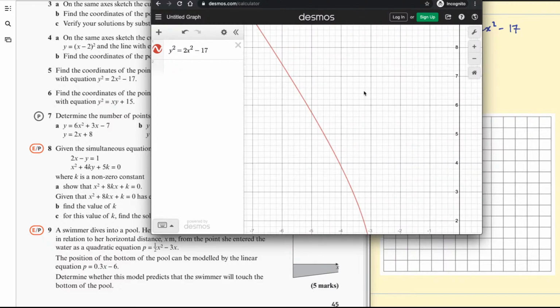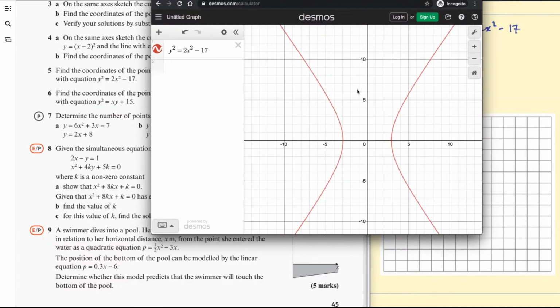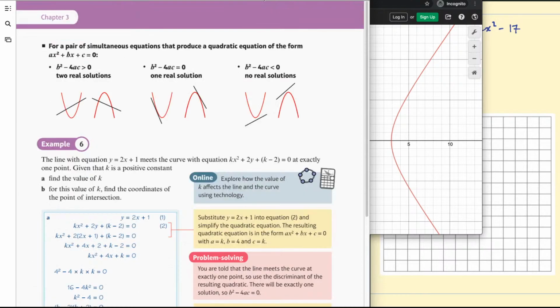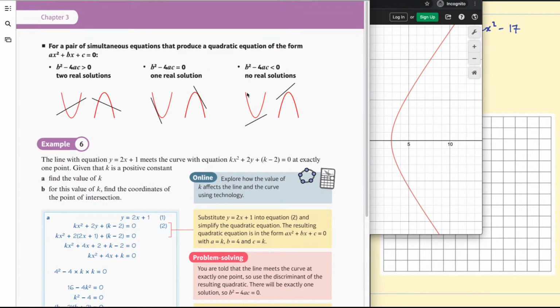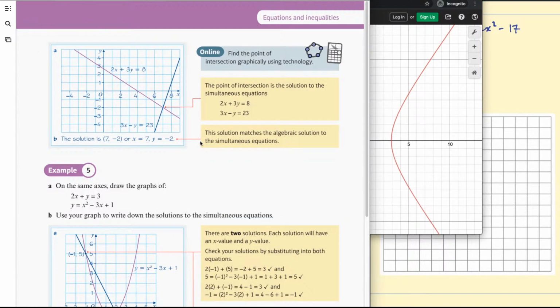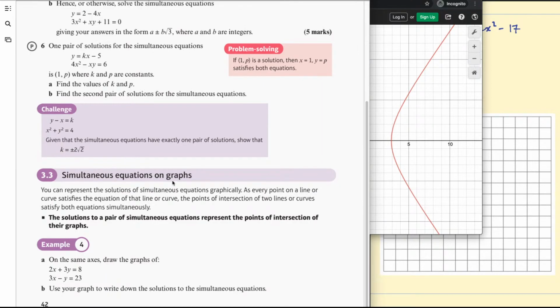Weird. So, I don't know what to say. This whole section is supposedly on quadratic simultaneous equations, although I guess it says simultaneous equations, so it doesn't have to be quadratic.